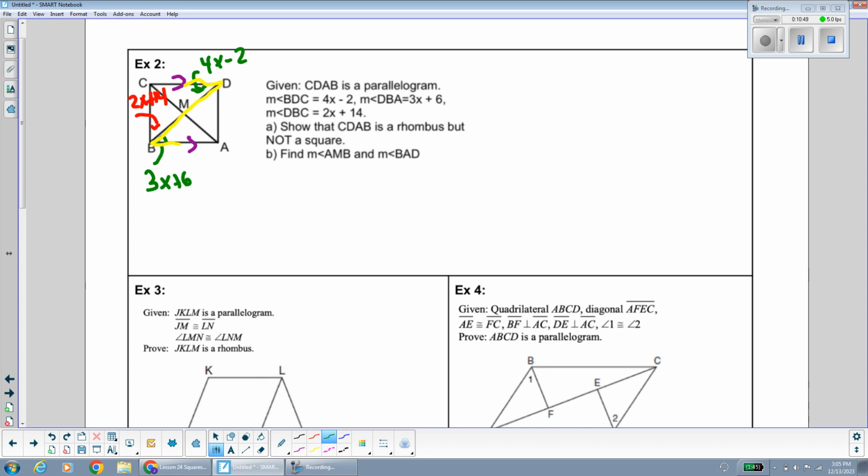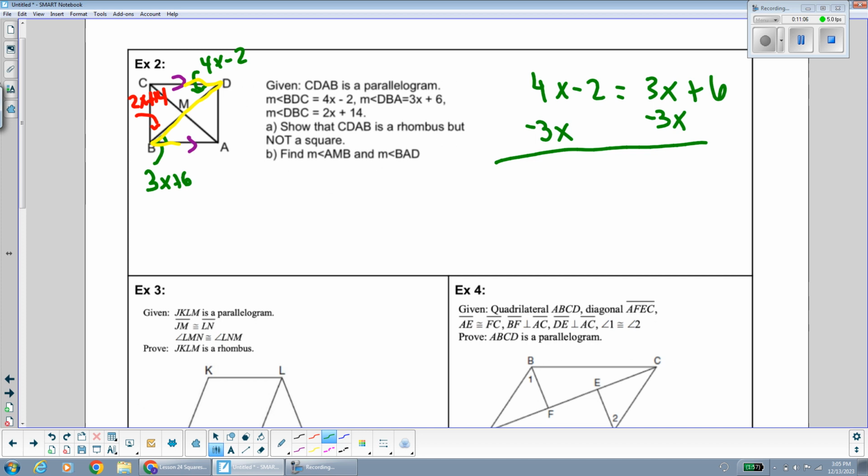And it's a show here, it doesn't say prove. So I'm not going to write the two-column proof, it's a show. So I'm going to set the two alternate interior angles equal to each other. I'm going to subtract 3x from both sides. And I'm going to add 2 to both sides.